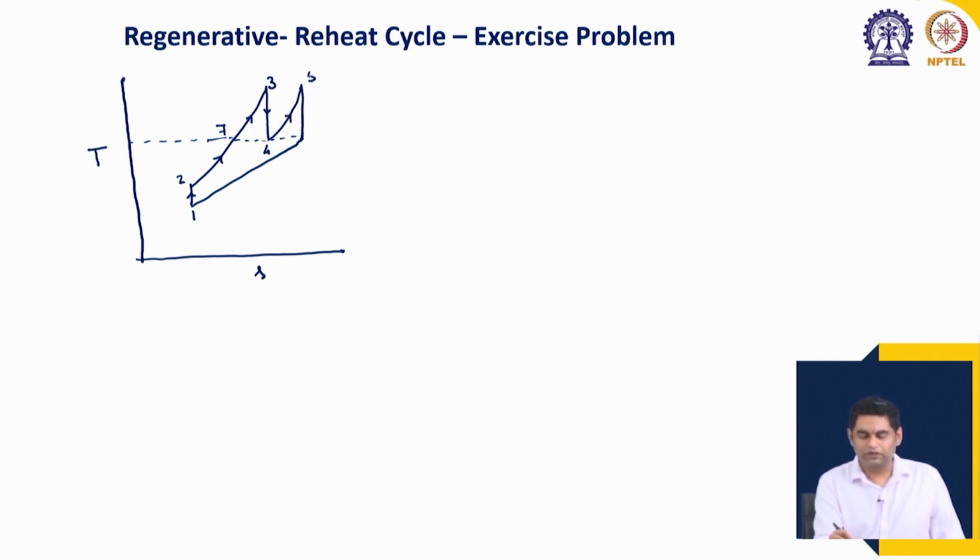4 to 5 is the second heat addition or conversion process. Then 5 to 6 is the expansion in the second turbine, or low pressure turbine. Then 6 to 8 is the heat removal in the regenerator from the combustion product, and we close out the cycle by using 8 to 1, constant pressure heat removal.